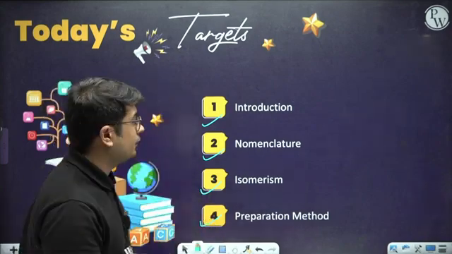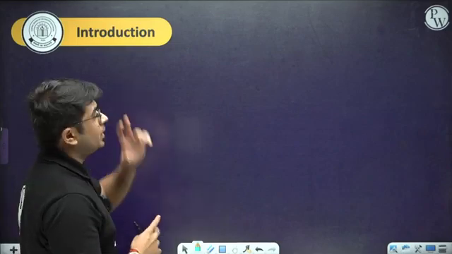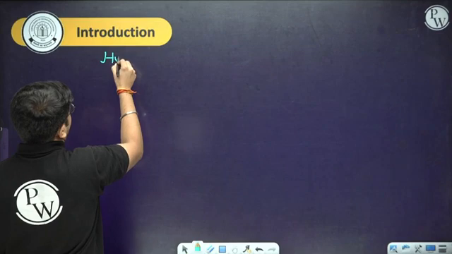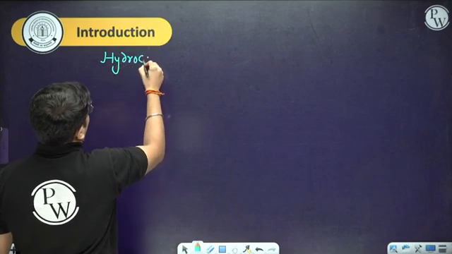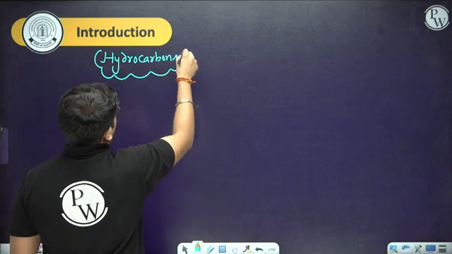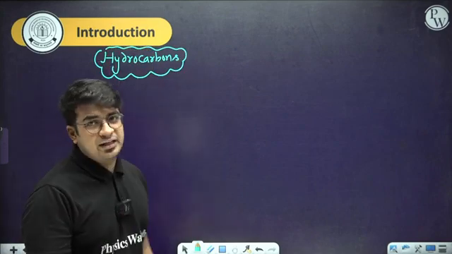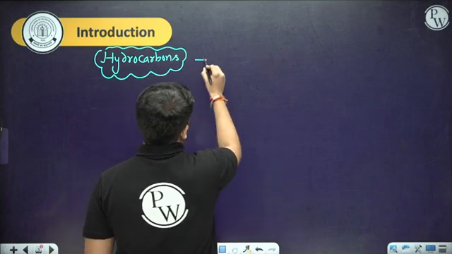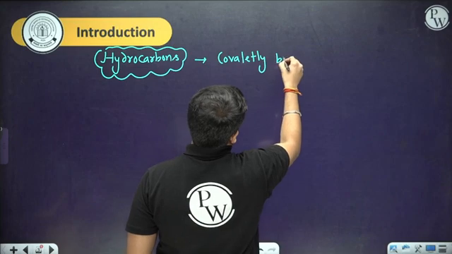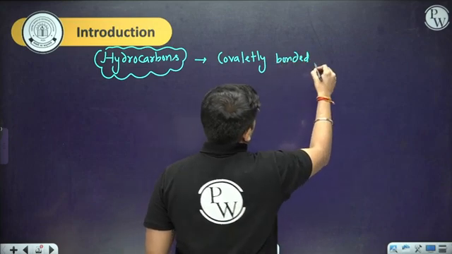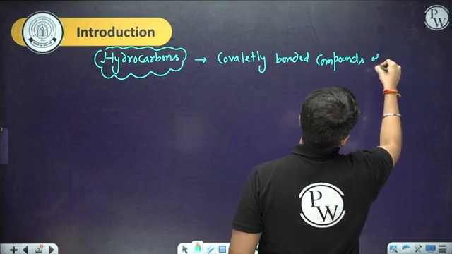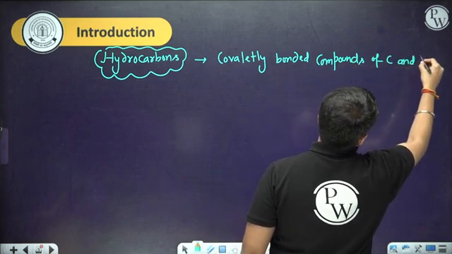Now, before starting, if I talk about the simple introduction part of hydrocarbons, I can simply say the term itself says that we have hydrocarbons. What is the meaning of hydrocarbon? It's very easy. We are talking about all covalently bonded compounds of carbon and hydrogen.